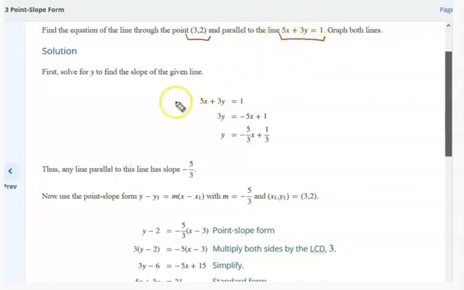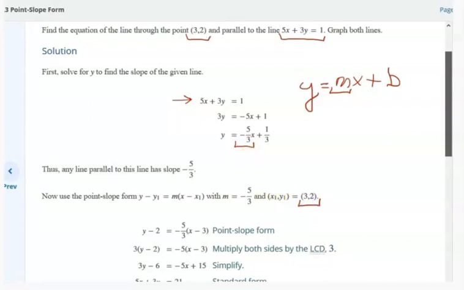Well, we're going to solve this equation, and we've done this before, for y. So once we have it in slope-intercept form, whatever's our slope, this will be the slope of a line parallel, and we want it to go through this point.